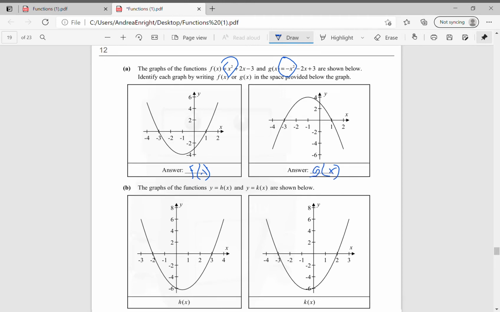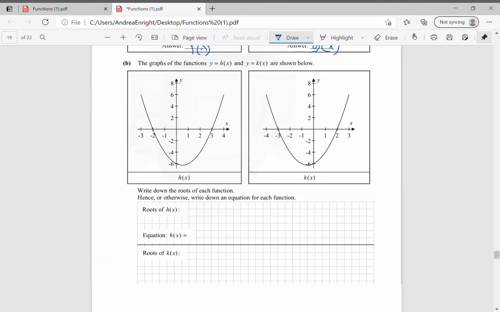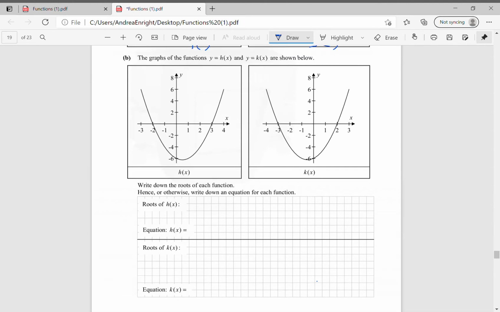Okay, the functions are shown below, and then it says write down the roots. Guys, the roots are the solutions, or where it crosses the x-axis. So the solutions here are x equals minus 2 and x equals 3 for that one. That was originally x plus 2 equals 0 and x minus 3 equals 0.